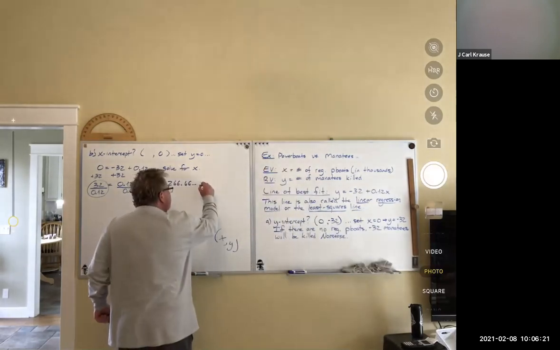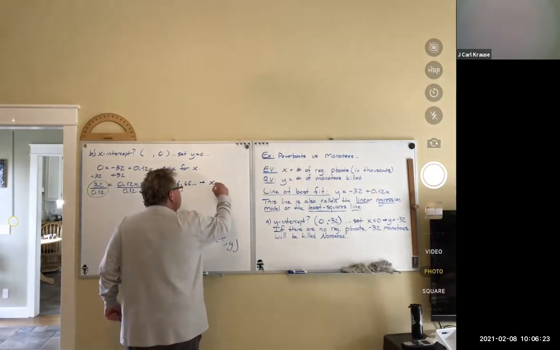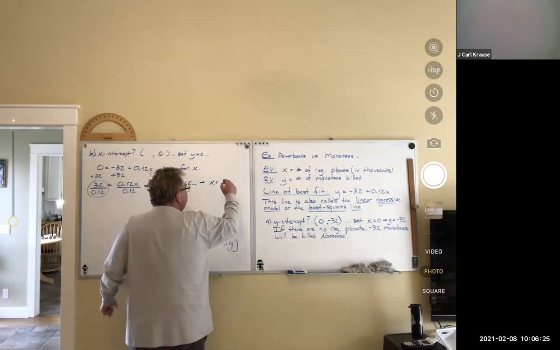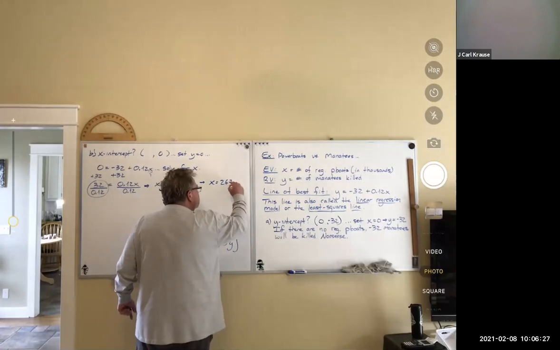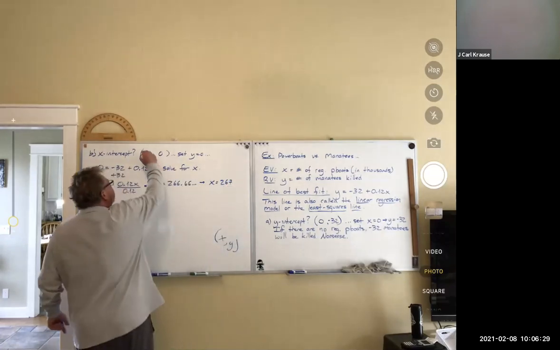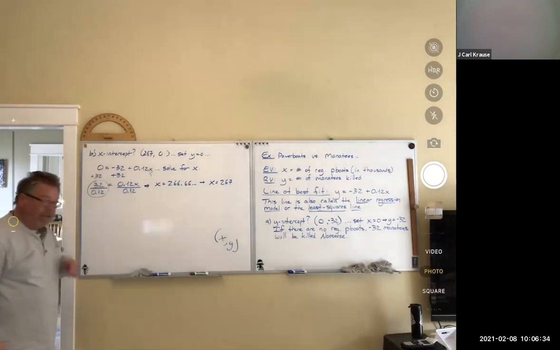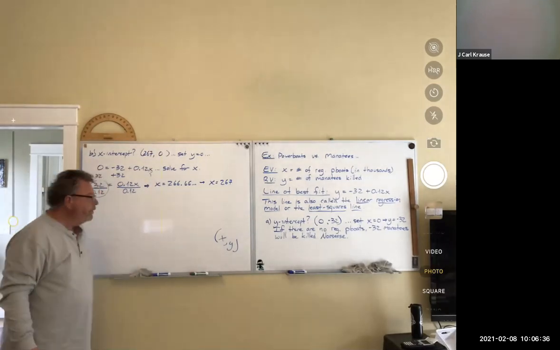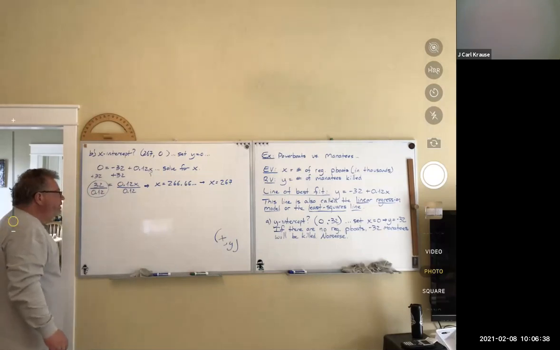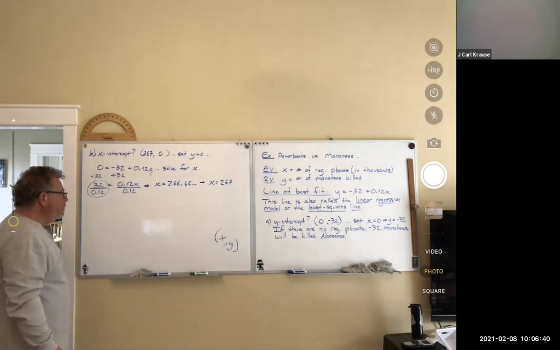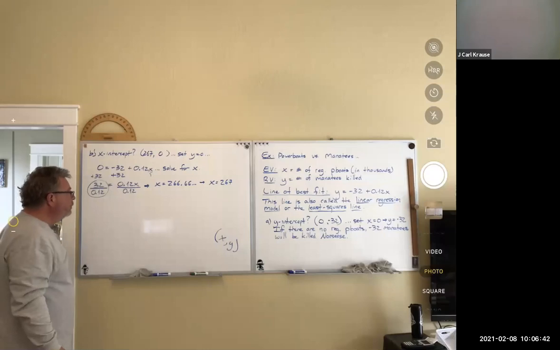I'm just going to call this 267. So there's the x-intercept, and that's the find part of this. The next thing to do is to interpret this.